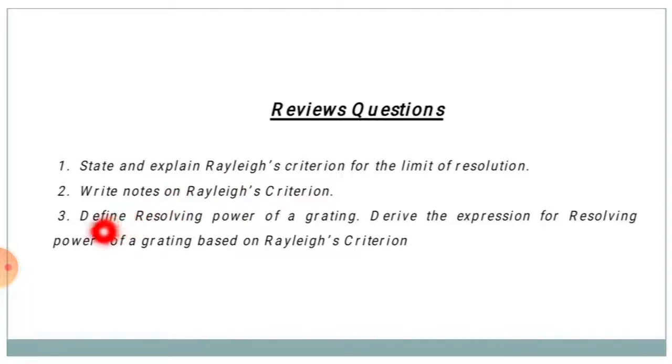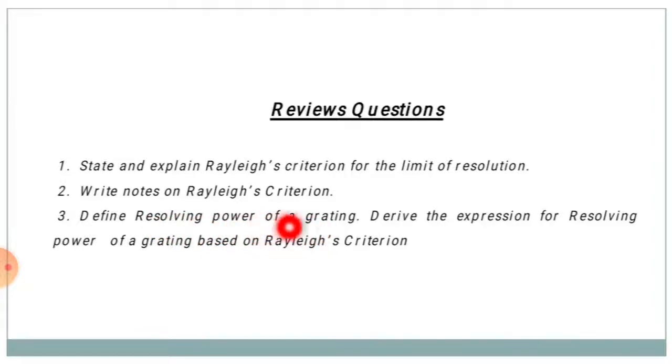Now let's see. Define resolving power of grating and derive the expression for the resolving power of grating based on Rayleigh's criteria. For this, the resolving power of grating is defined as the ratio between the wavelength of any spectral line to the wavelength difference of this line and the neighboring line, that is lambda by d lambda.